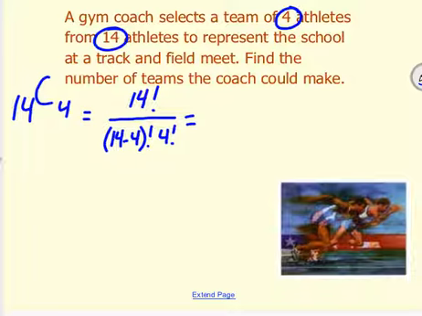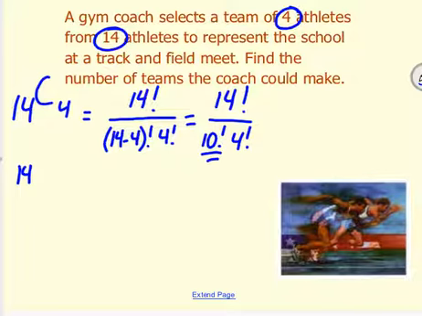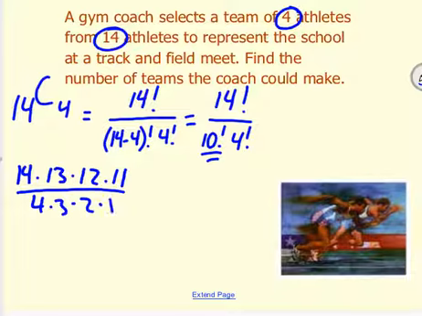So this equals 14, 10, 4. 10's bigger, so I always just do 14 times 13 times 12 times 11 all over 4 times 3 times 2 times 1. If you want to write times 10 factorial and times 10 factorial, you can, but I get lazier and lazier as the video goes on. I know those are going to cancel. Look at this, 2 for 1.